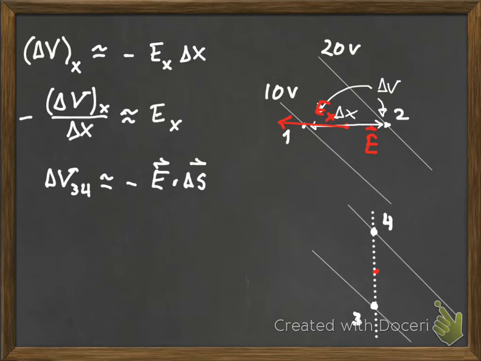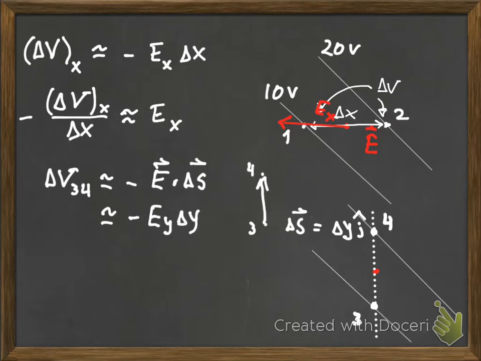The equation says that that should be approximately equal to the negative of the electric field dot product with delta S. Our delta S vector is a vertical vector, so we can write it as delta y times j hat. Because of that, the dot product is going to give us the y component. It's going to be minus the y component of the electric field times delta y.